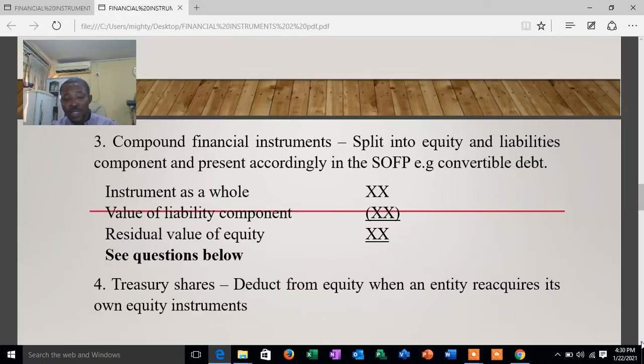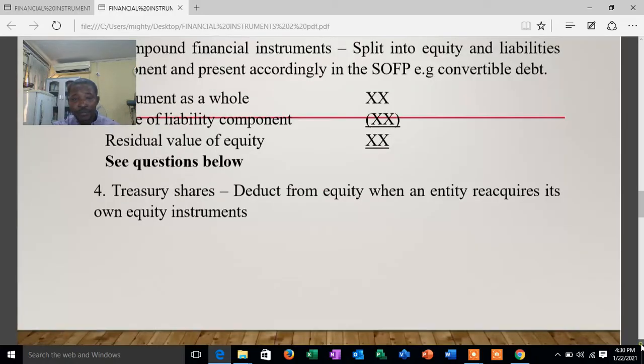We should also take note that consideration paid or received will be recognized directly in equity, and there won't be any gain or loss on that, because it's your own instrument. You are buying it back, so there won't be gain or loss recognized in profit and loss on the purchase, sale, issue or cancellation of an entity's own equity instrument. That is the simple treatment for all that.